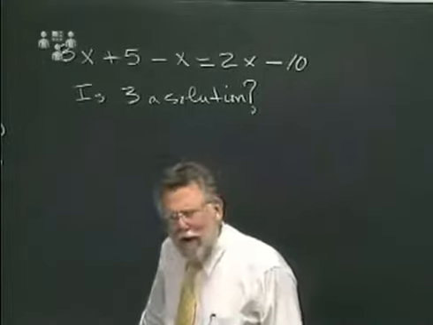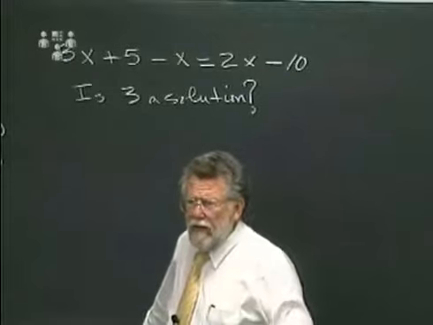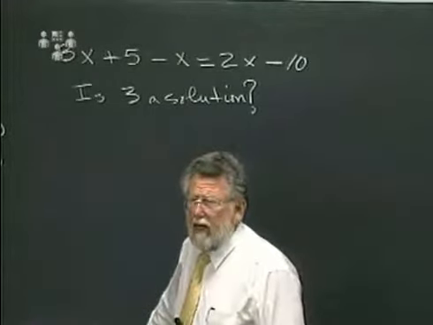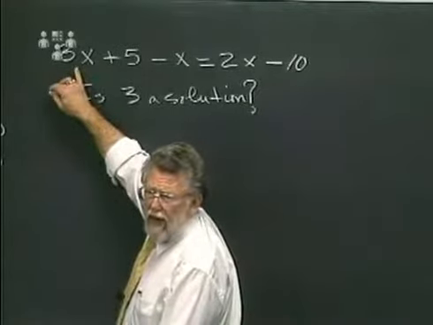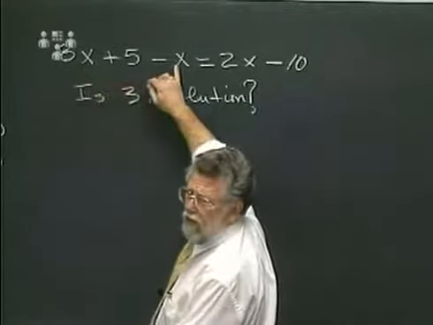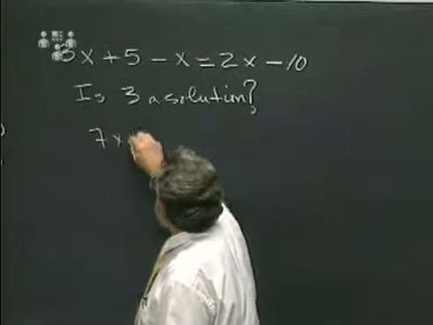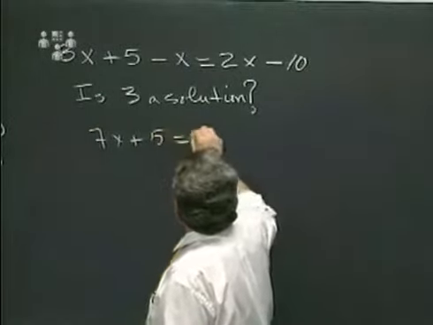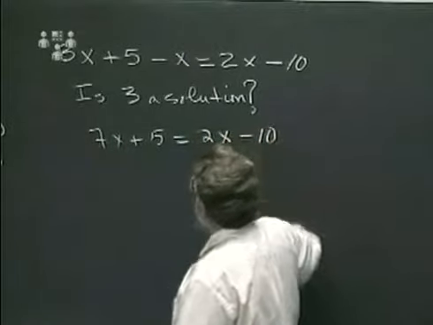Okay, not quite that far. I could get x by itself. That would be algebraic, but I'm just wanting to substitute and check. Would it make some sense to combine these two terms? So you have 8x minus 1x to the first. But that means we have a 7x plus 5. And I want to know, is that equal to 2x minus 10?